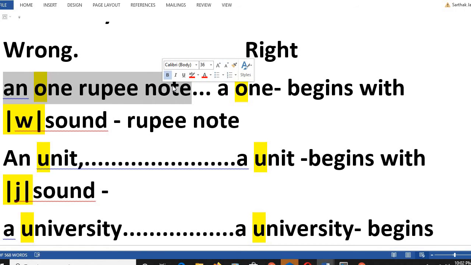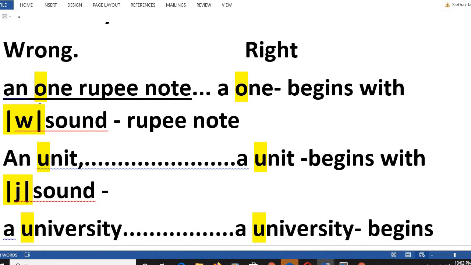Now people are likely to commit an error here because they think that this O is a vowel, and that is why they always put an before it. But no, dear students, always go by the sound. As I have told you, the sound it creates is wa, and the front parts of your tongue or the lips are moving towards each other. That means you are not free to use the article an before it. You will always use a.